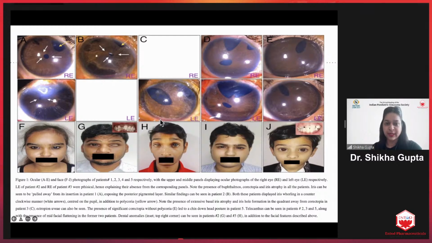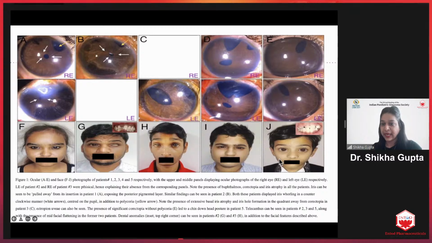In patient number 3, we can see a large corectopic pupil with the presence of ectropion uvea and stretch hole and iris hypoplasia. Again, this patient had some kind of spiraling of the pupil with peripheral hypopigmentation. And here also we can see characteristic corectopia with upward slanting pupil and peripheral depigmentation of the iris.